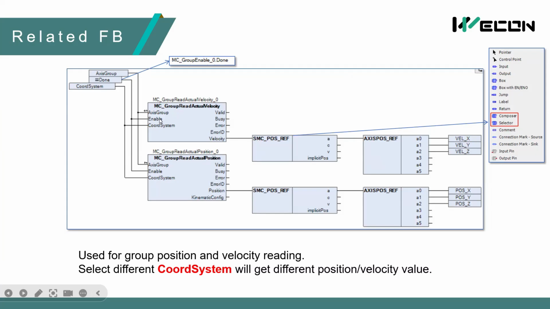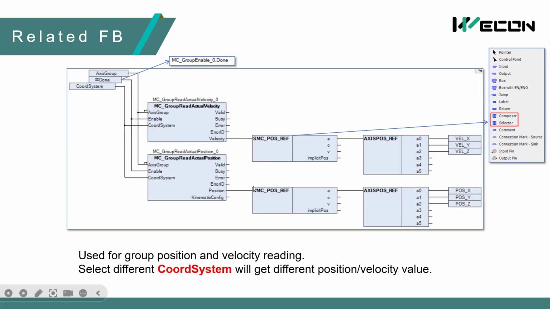Here we need to select the coordinate system to get the reading position of the axis group. And here I use the done flag of this MC group enable function block as the enable signal of these two function blocks.